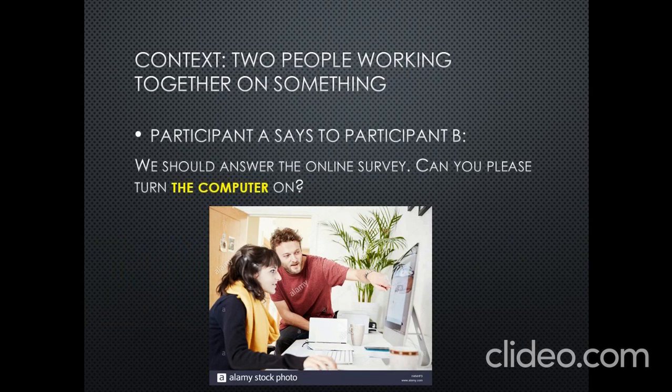And participant A says to participant B, we should answer the online survey. Can you please turn the computer on? And in that particular context, with these two people working together, you know, the word computer acquires this capacity of referring to something in particular in the extra-linguistic world.